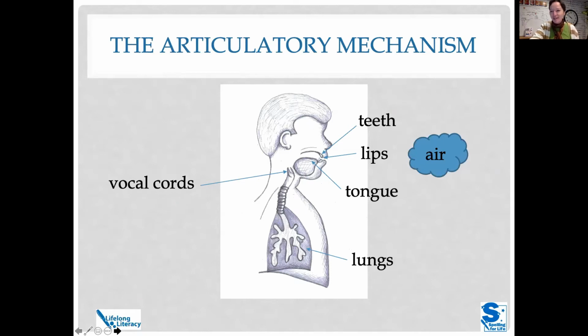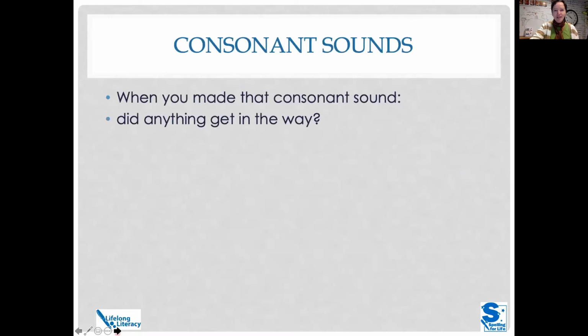When you made that consonant sound, did anything get in the way? Did you have to put something in the way of that flow of air? And the answer, of course, is yes, your lips did. You can't do that sound without your lips. Also, there are some consonants where it's not so much getting in the way, but friction.